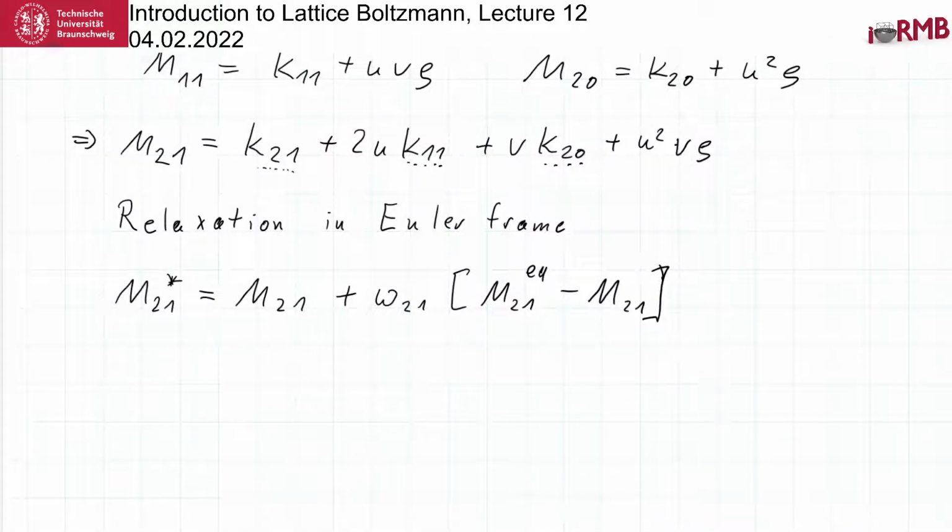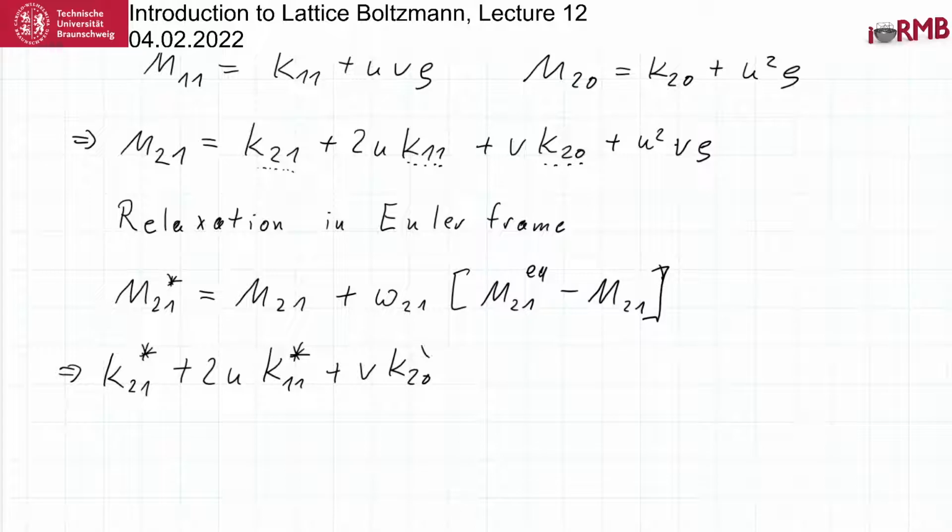So now we can replace all these guys with their equivalent central moments. So the equivalent central moments on the left-hand side, the post-collision, k21 asterisk plus 2u k11 after collision plus v k20 after collision plus u square v rho.